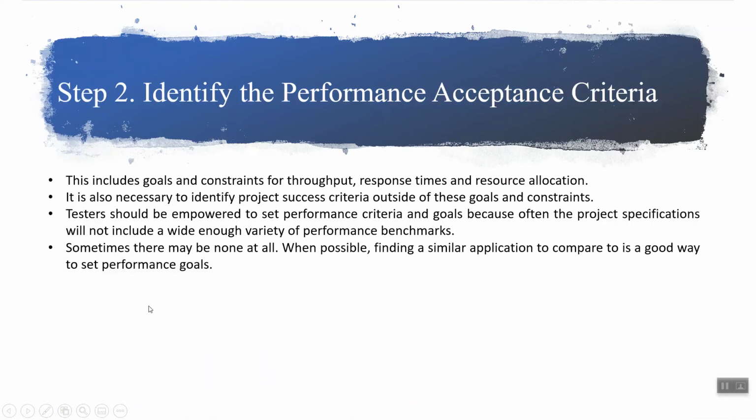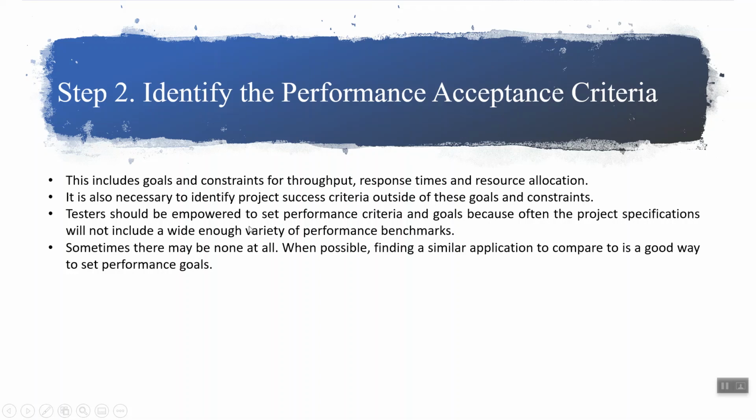Next is step 2, where we identify the performance acceptance criteria. This step includes the goal and constraint for throughput, response time, and resource allocations. It is also necessary to identify project success criteria outside these goals and constraints.